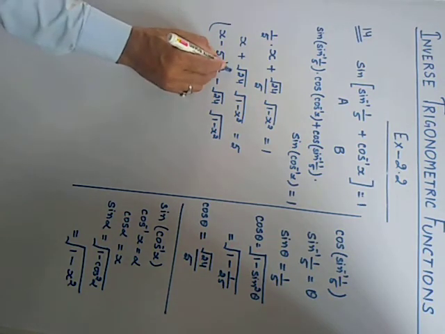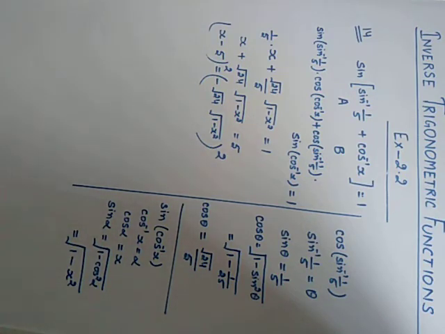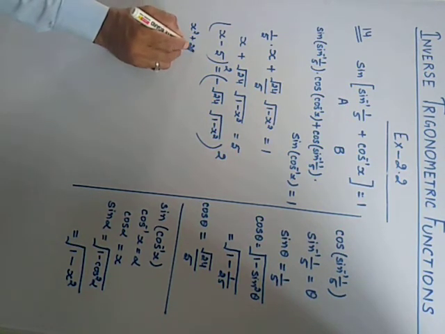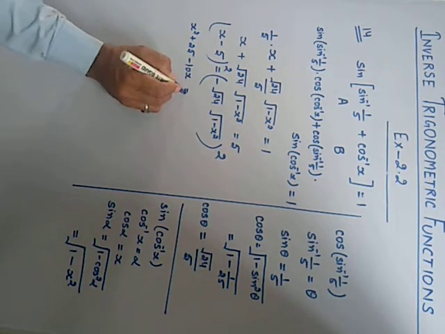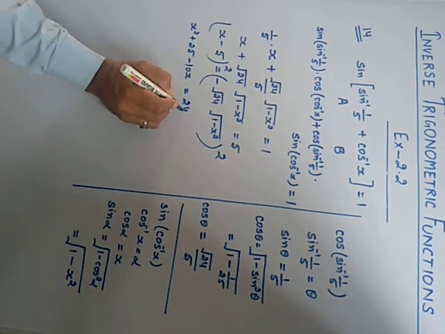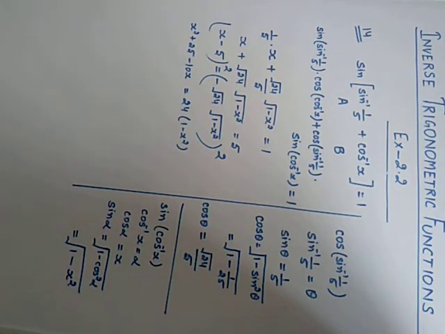Squaring both the sides, we will get on the left hand side x square plus 25 minus 10x, and on the right hand side 24 into 1 minus x square.